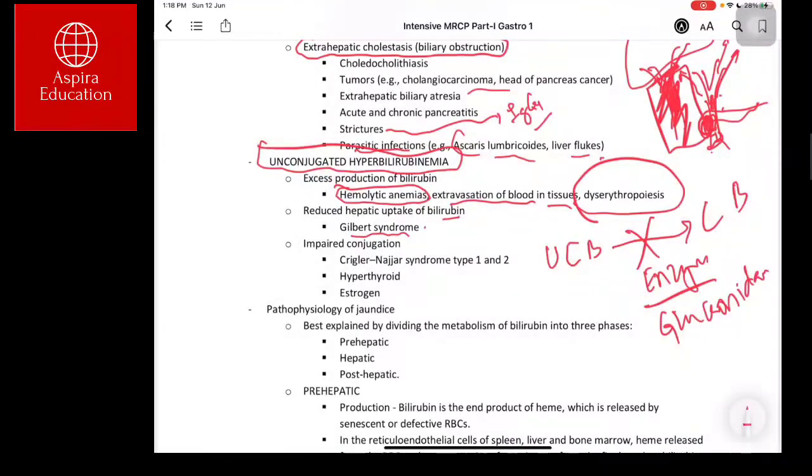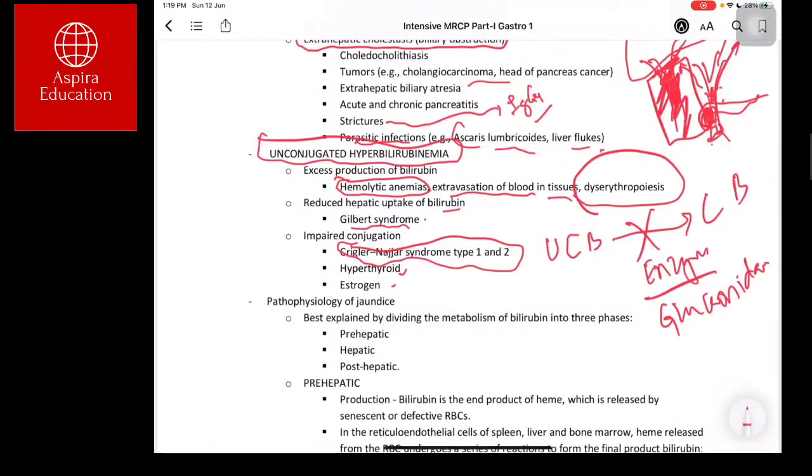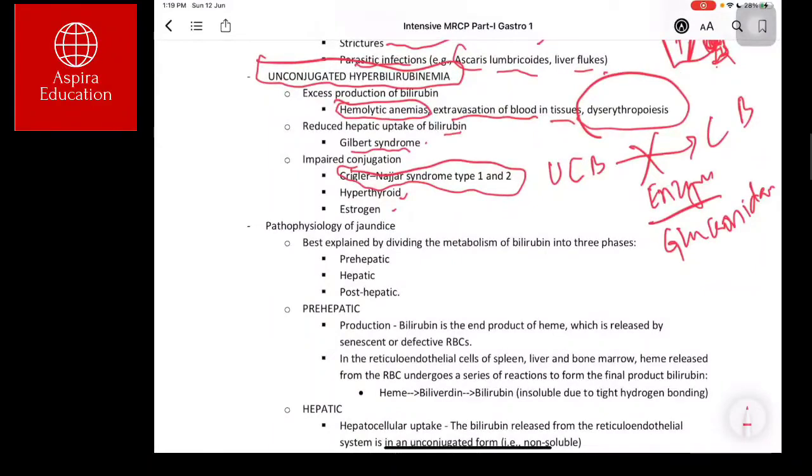Now these glucuronidases may be absent entirely, like in Crigler-Najjar syndrome type 1 and 2, leading to a very severe unconjugated hyperbilirubinemia and kernicterus present right from birth. Hyperthyroid and estrogen states can also produce the same unconjugated hyperbilirubinemia. The differential list is small but very significant.